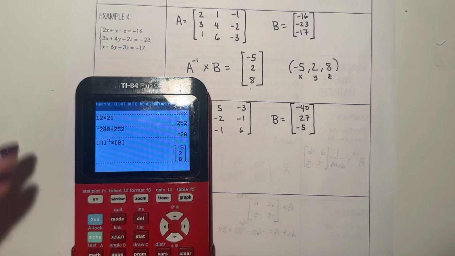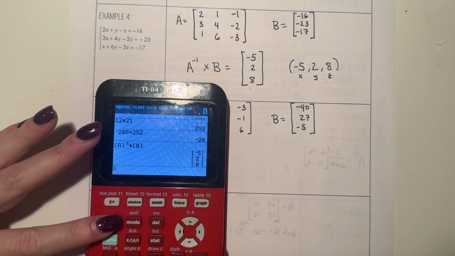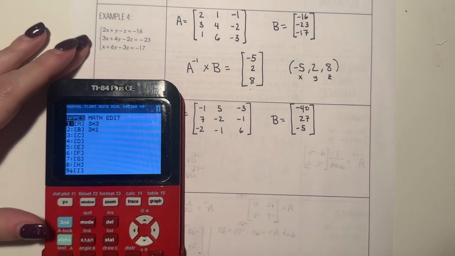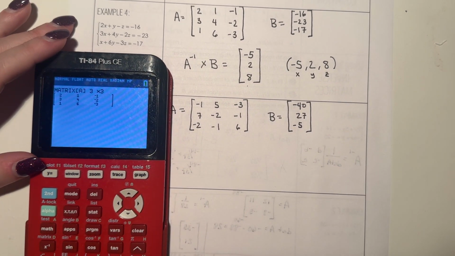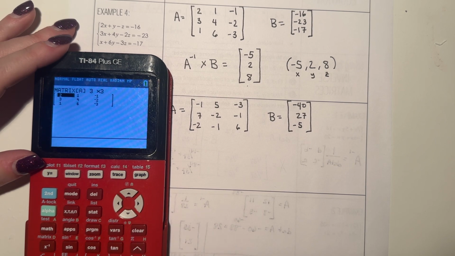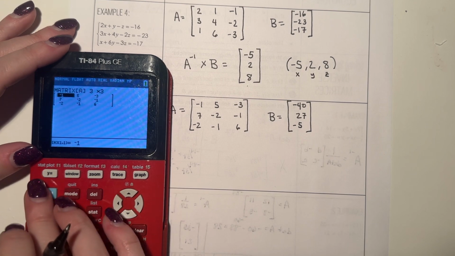Okay. So back to my calculator. Matrix menu. I'm going to edit that 3 by 3. -1, 5, -3, 7, -2, -1, -2, -1, and 6.